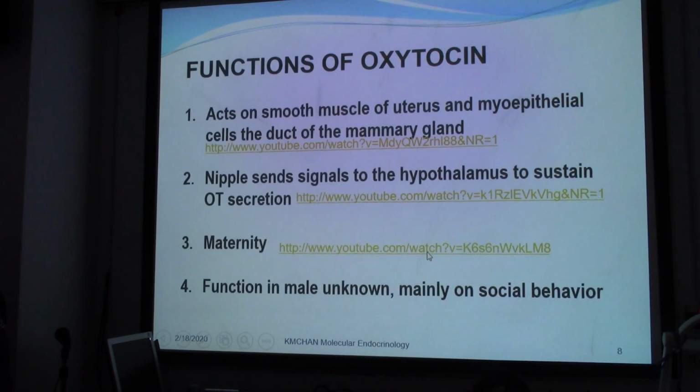So the functions of oxytocin include the following. Mainly for females, it acts on the smooth muscle of the uterus and also the myoepithelial cells over the duct of the mammary gland. So they have a similar mechanism of muscle or cell contraction, for milk release from the mammary gland, and also for the smooth muscle to contract to deliver the baby.